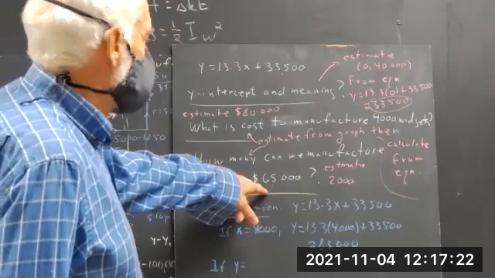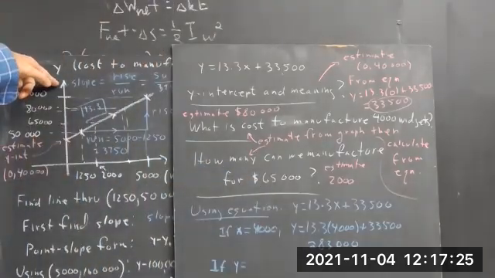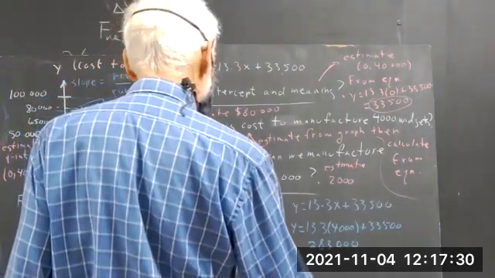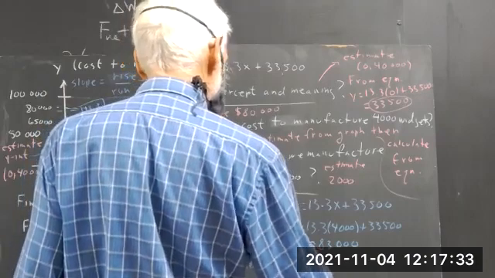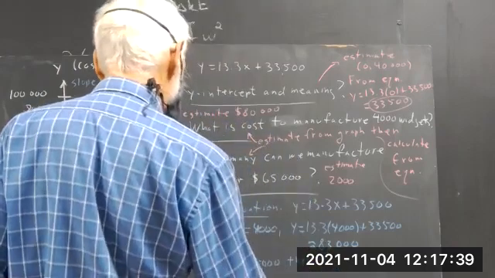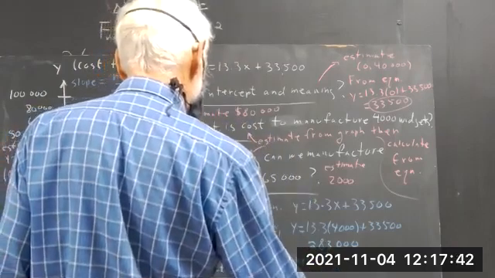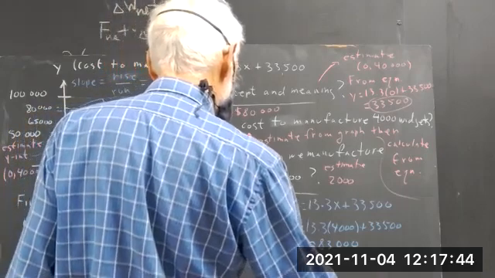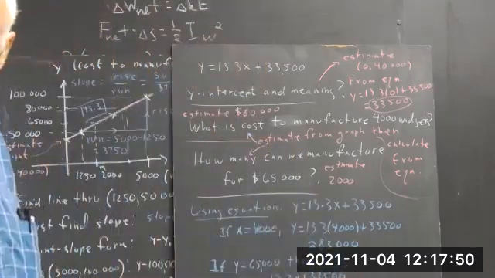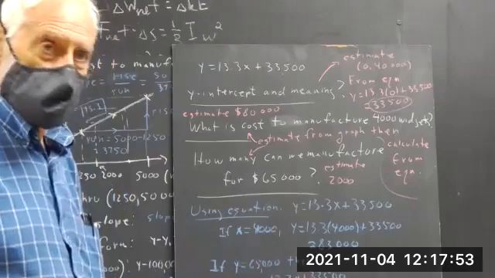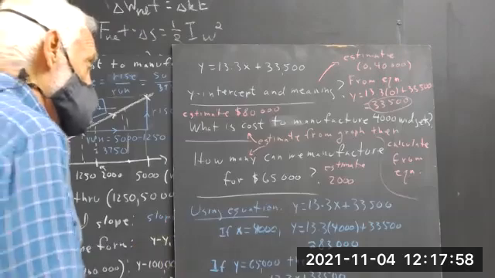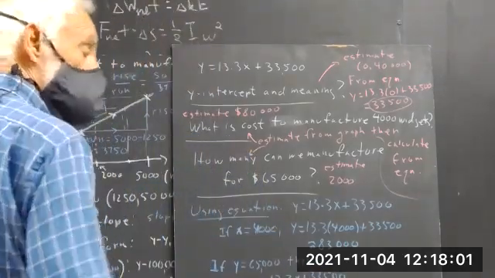If we've got $65,000, that's our value of y. So if y equals $65,000, then 65,000 is 13.3x plus 33,500. Okay. We solve this for x. Subtract 33,500 from both sides.